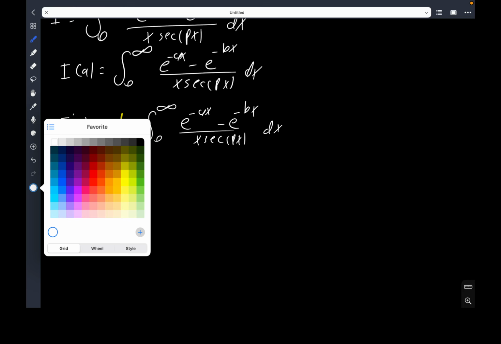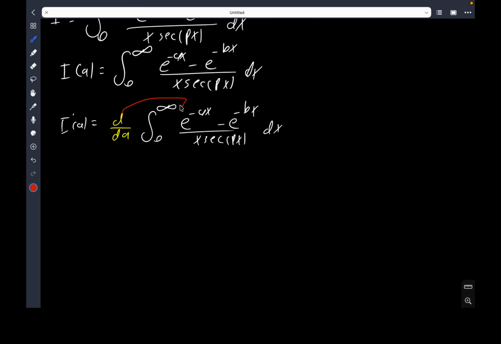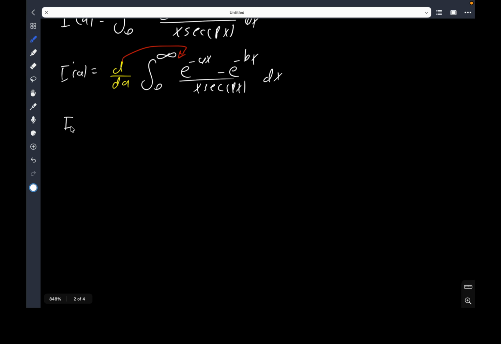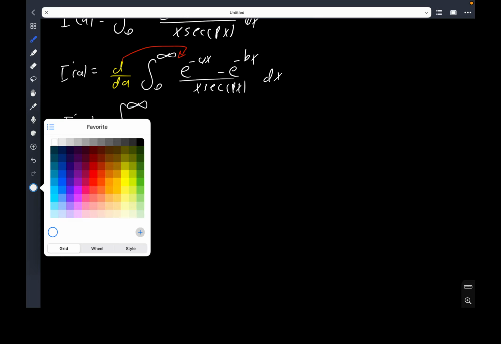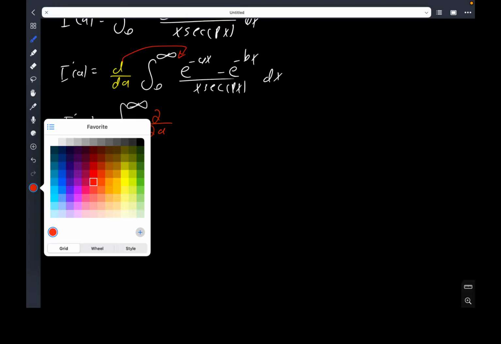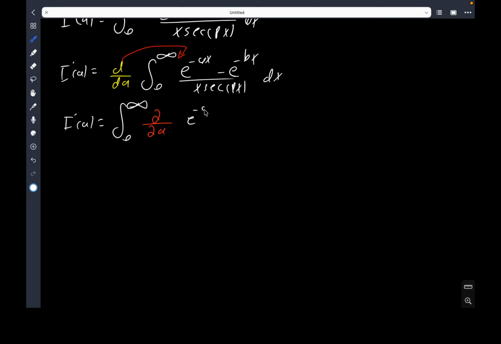And this d/da is going to go inside, and my I prime of a is going to be the integral from 0 to infinity of the partial derivative with respect to a of (e to the negative ax minus e to the negative bx) over x times secant of px dx.